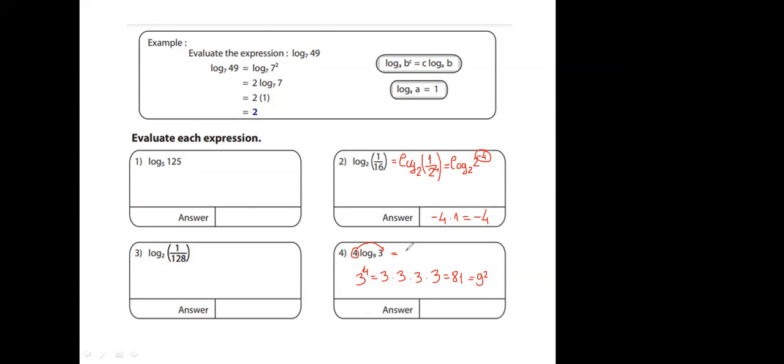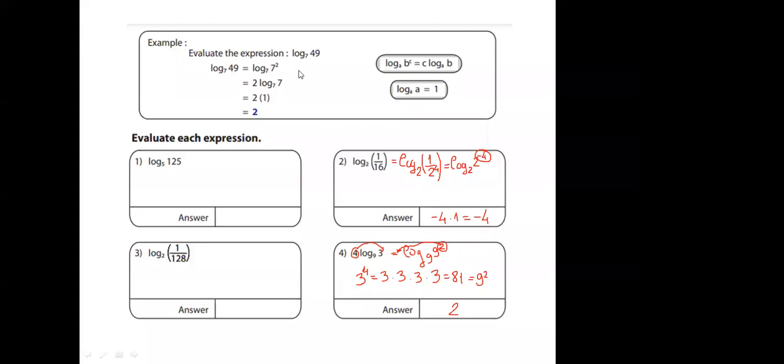So we can write this down as the logarithm of 9 to the degree 2. We can take this 2 up front now, and it will be 2 times 1, or the result will be just 2. I think it's clear, this one.